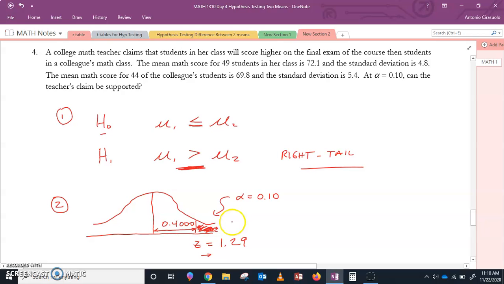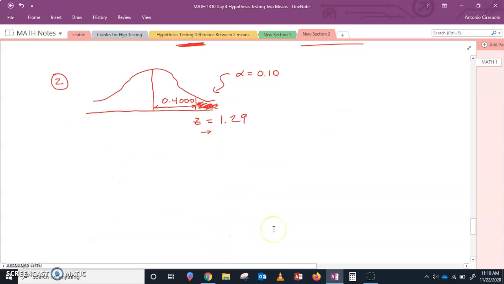And next, we're going to do the test, to figure out the test score.